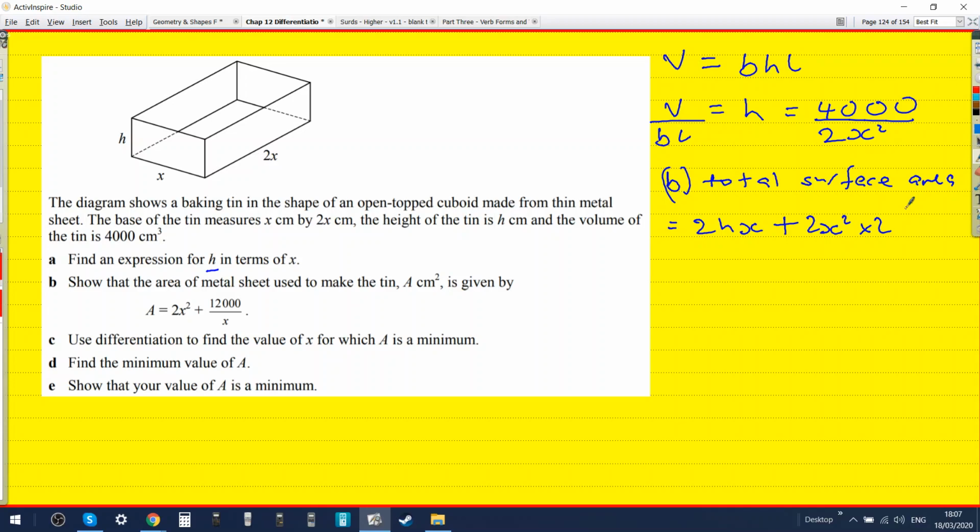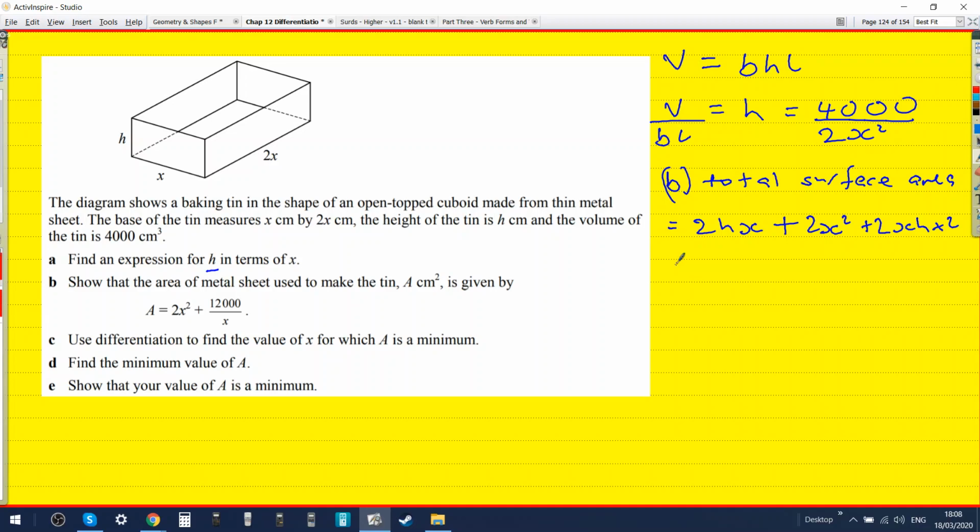And is there another 2x squared for the bottom? Let me see. The bottom is 2x squared, I believe. And so the sides, oh no, that's 2xh. So plus 2xh times 2. Yes.